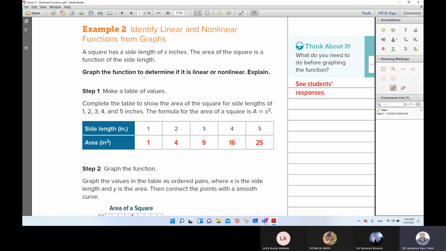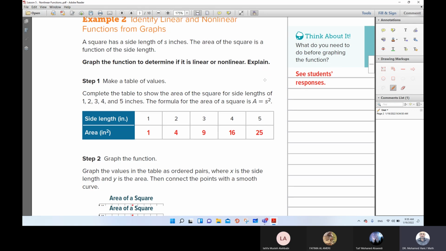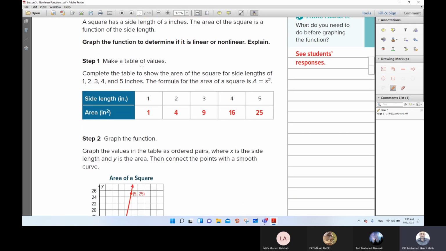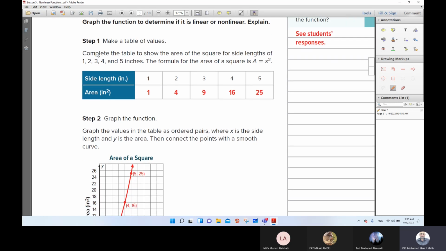Graph the function to determine if it is linear or non-linear and explain. The first step: make a table of values. Complete the table to show the area of the square for side lengths of 1, 2, 3, 4, and 5 inches.